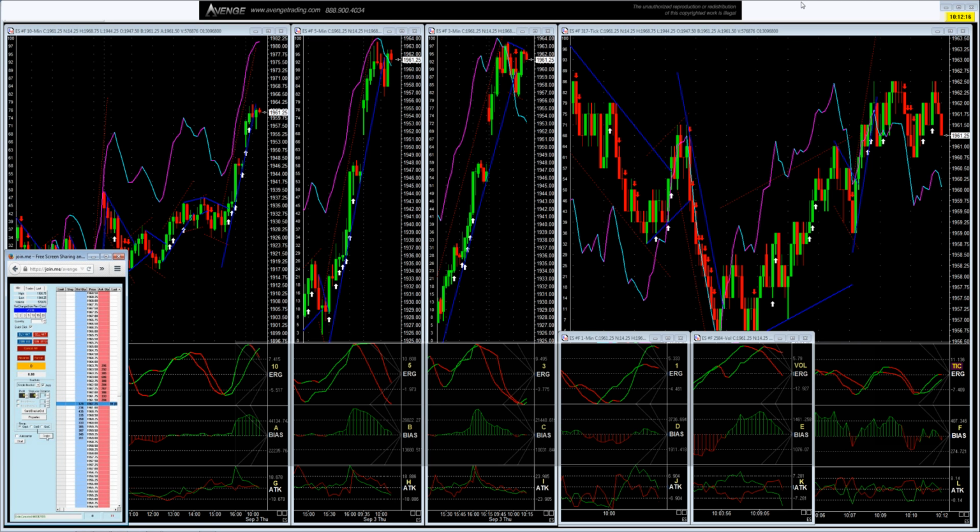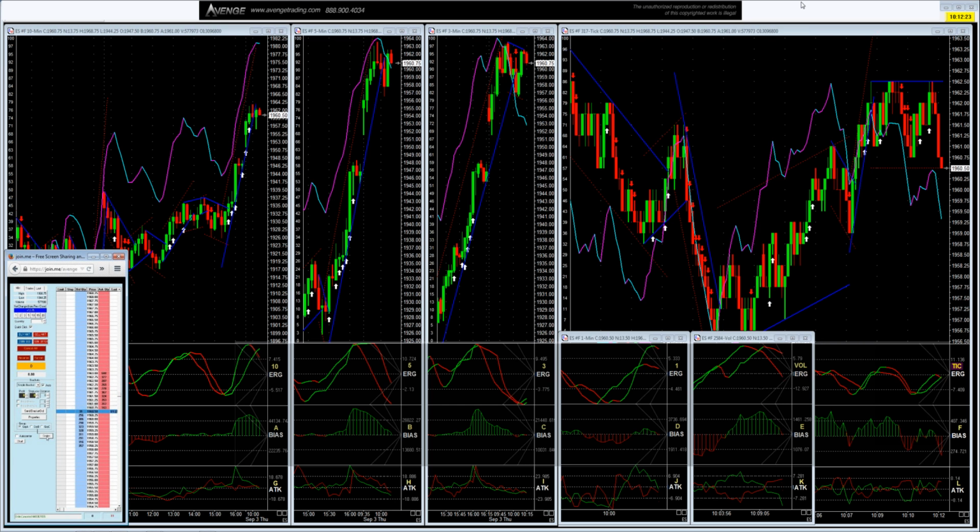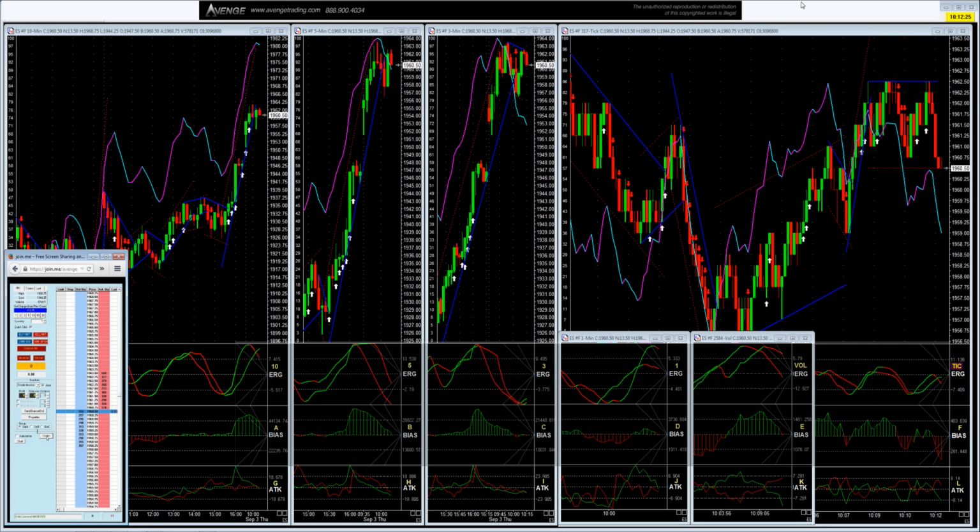See the 1 starting to turn down, see the volumes and the tick as well beginning to turn down. So those 5s, the bottom one has come back. The A is now a little bit below that dotted line.